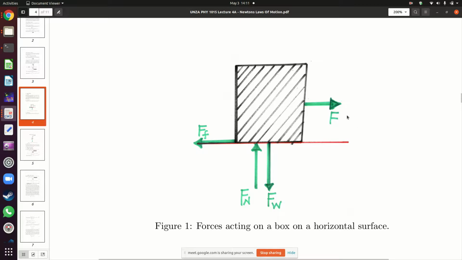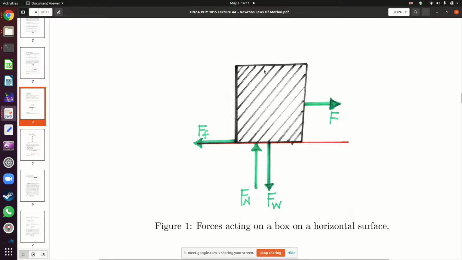If this is our positive direction, then the opposite direction, which is the negative x-axis, is going to be a negative direction, and any force pointing in that direction will be treated as a negative force. So our pull force, or push force, is going to be a positive force. Then our friction force here is going to be a negative force.